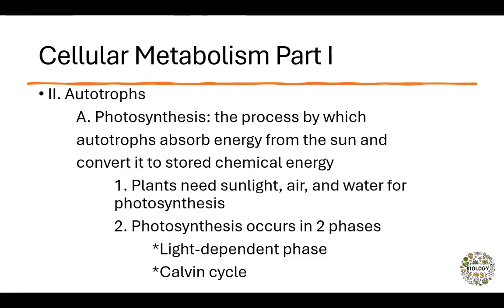Photosynthesis is really amazing, and it occurs in two phases: the light-dependent phase and the Calvin cycle. So our autotrophs use photosynthesis, where they absorb energy from the sun and convert this energy into stored chemical energy.